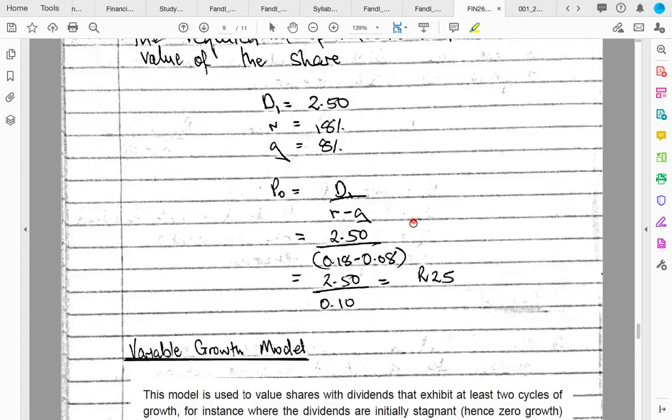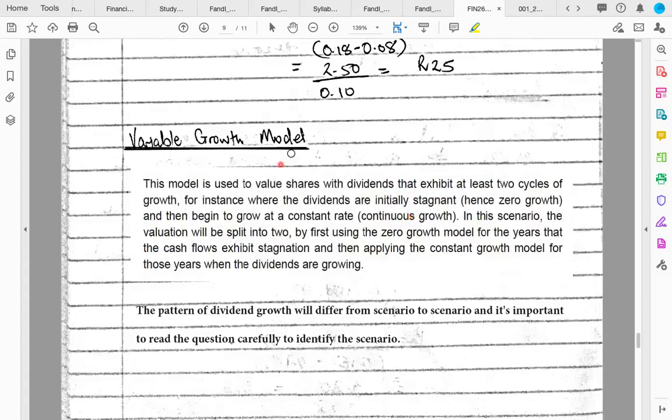And then lastly, with the variable growth model, the model is used to value shares with dividends that exhibit at least 2 cycles of growth. So with the variable growth model, rather than having no growth forever or a fixed growth forever, you have different growth rates.